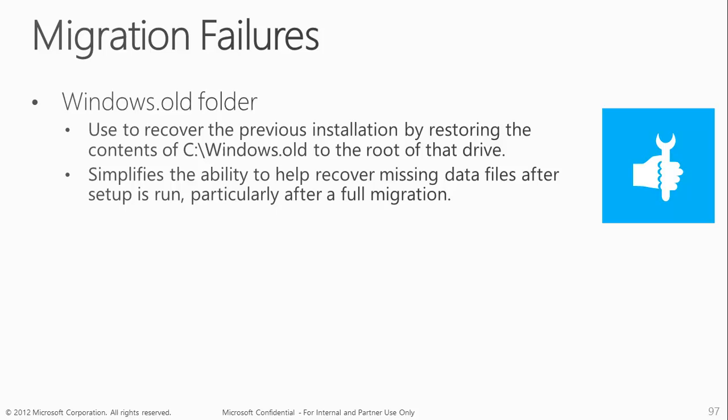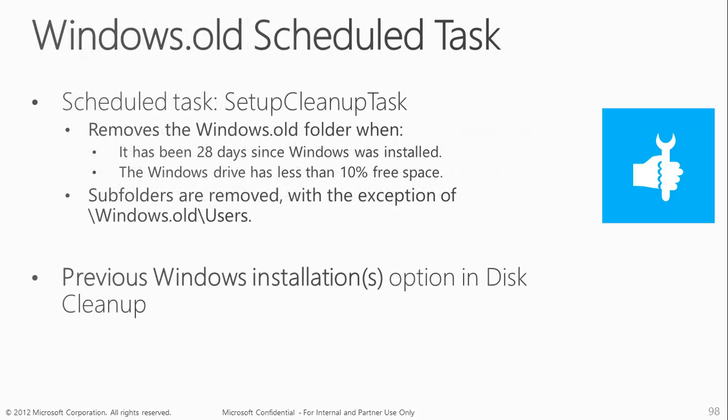So we now have this scheduled task. Here, let me bring that up. There is one change to the way that the windows.old folder is managed in Windows 8 compared with Windows 7. On Windows 8, when install.exe creates a windows.old folder, there is a scheduled task added in the new Windows 8 installation.